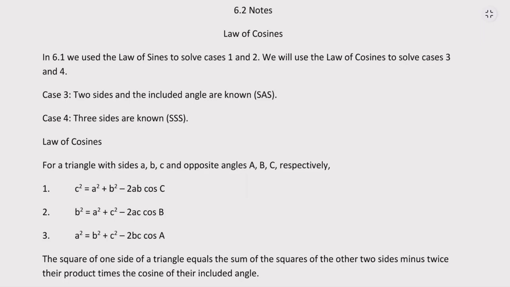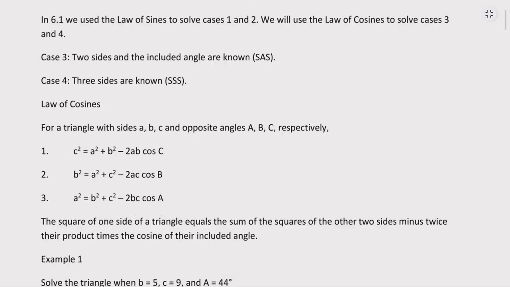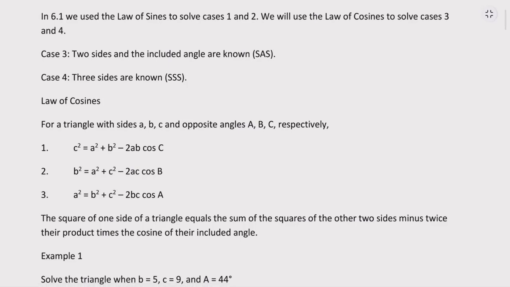Formula 1, C squared is equal to A squared plus B squared minus 2AB cosine of C. B squared is equal to A squared plus C squared minus 2AC cosine of B. And the third one, A squared equals B squared plus C squared minus 2BC cosine of A. So the square of one side of a triangle equals the sum of the squares of the other two sides minus twice their product times the cosine of their included angle.